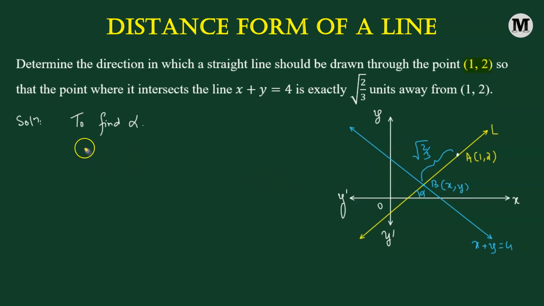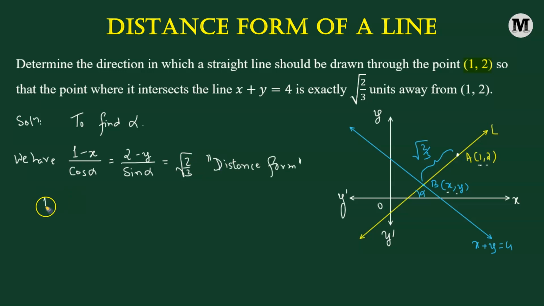When we apply the distance form, we have to be careful, since the x and y coordinates of A are greater than those of B. So we consider (1 - x)/cos alpha = (2 - y)/sin alpha, and this equals the distance between the two points A and B, which is given by √2/3. This is what we get when we apply the distance form of the line.